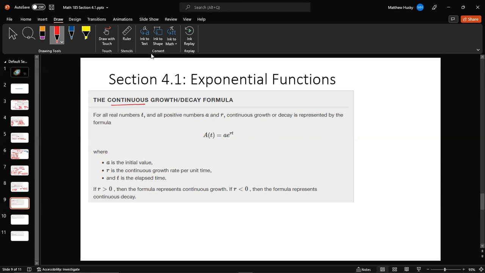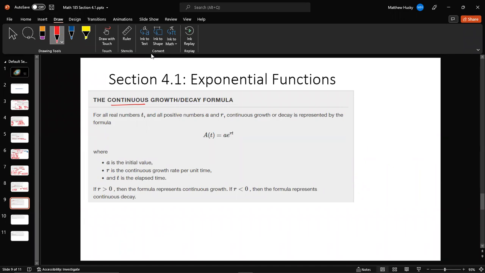But things in the real world, like viruses or bacteria, or the population of fish in a lake, those kinds of things do not behave according to nice and neat regular schedules. They grow continuously, and so they use continuous growth and decay for those kinds of situations from the sciences.